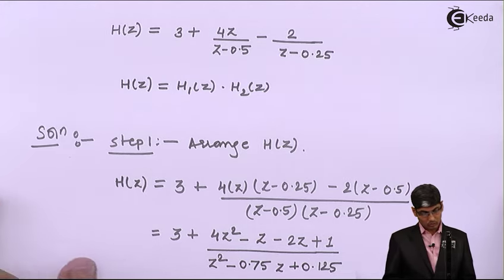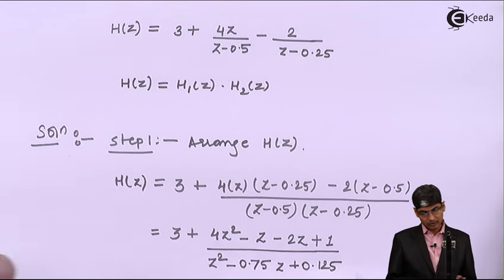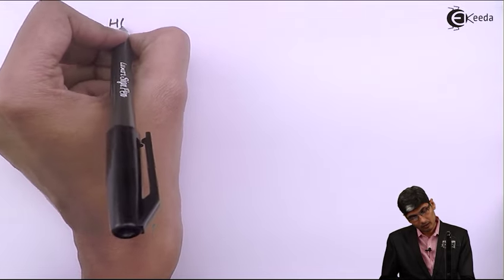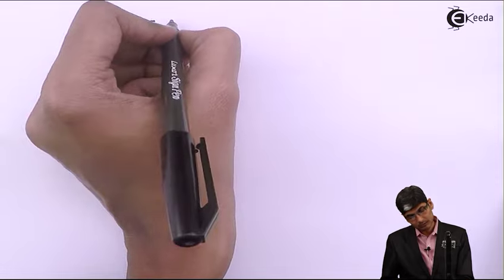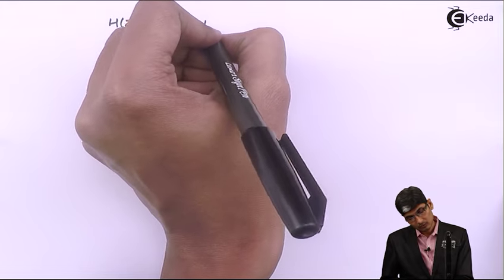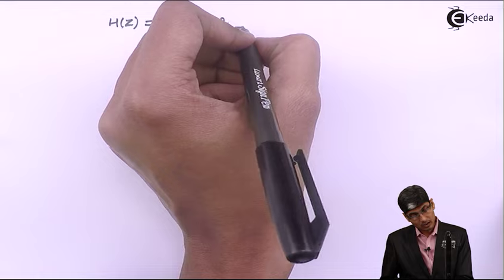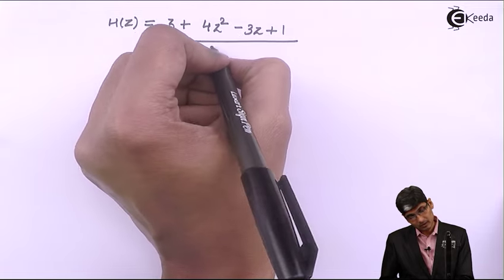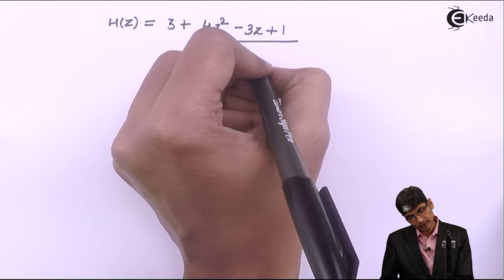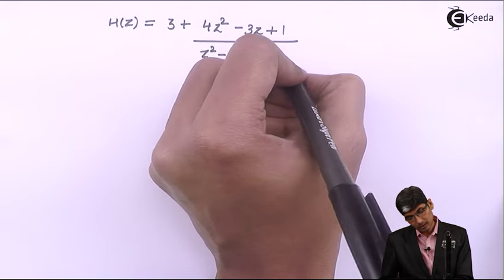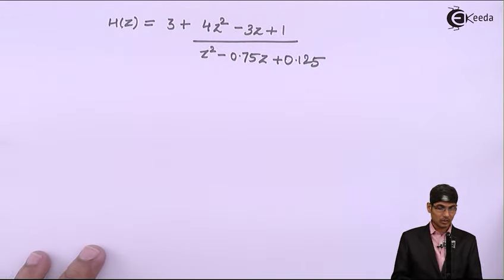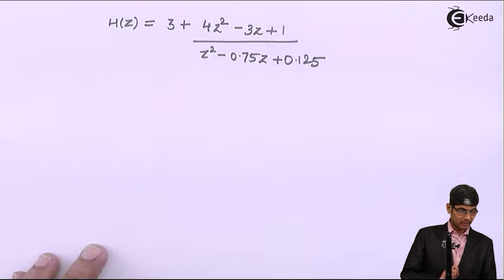Let us go ahead and solve the numerator. We see over here it becomes minus 3z and plus 1. So it becomes H of z equals 3 plus (4z square minus 3z plus 1) divided by (z square minus 0.75z plus 0.125). Still there is an addition sign in between.